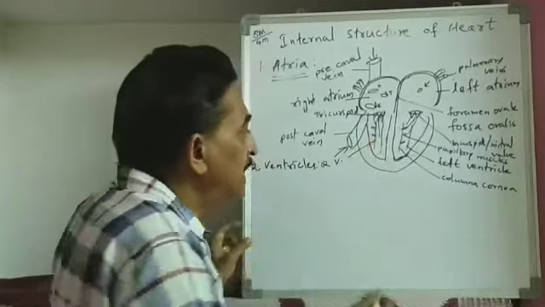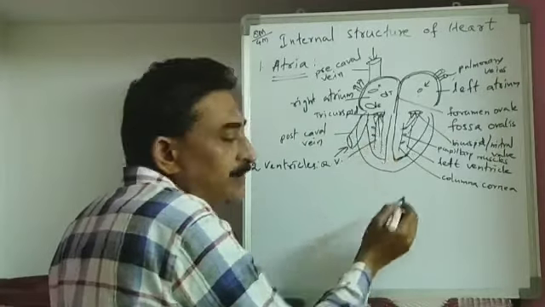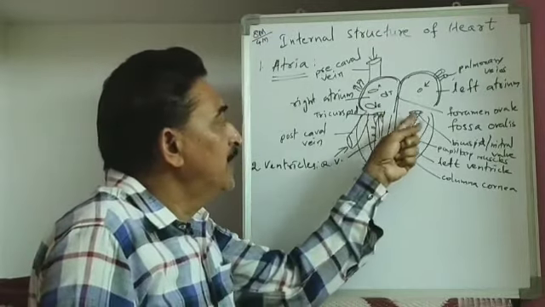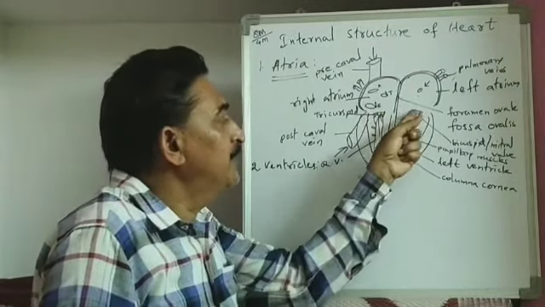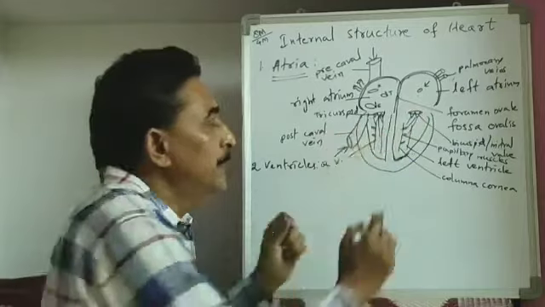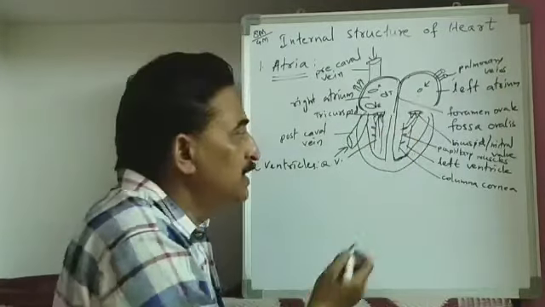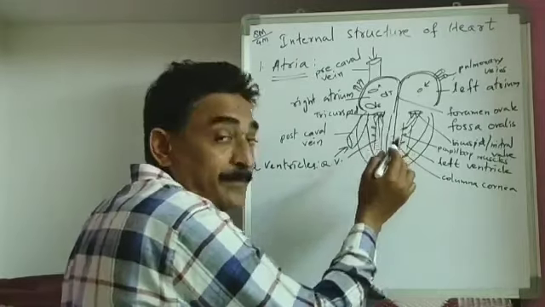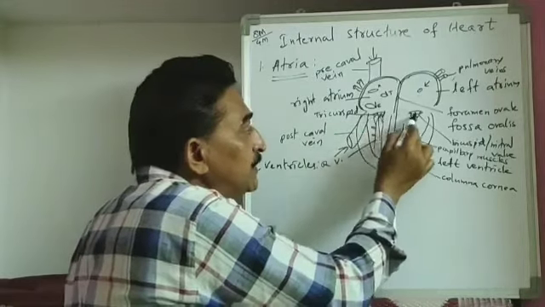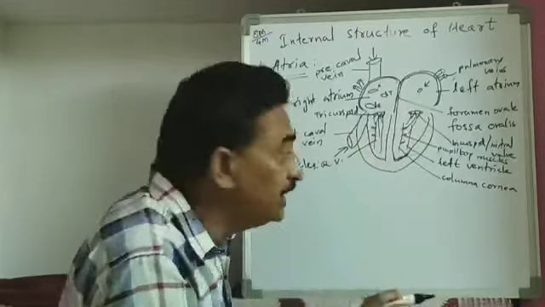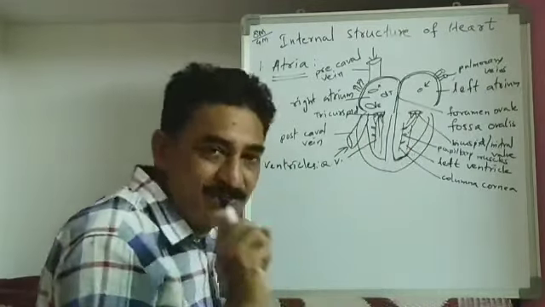These chorda tendineae are helpful in preventing the atrioventricular valves from bulging into the atria during ventricular systole.